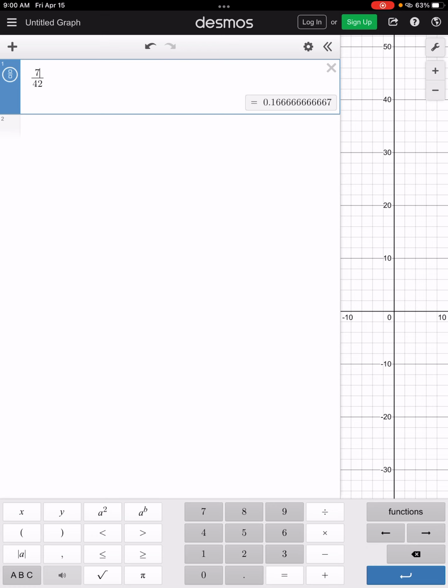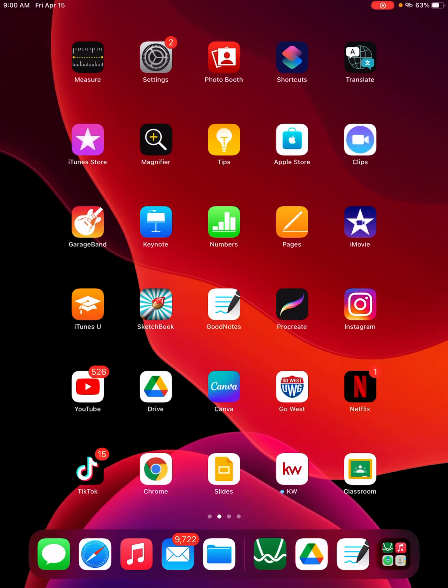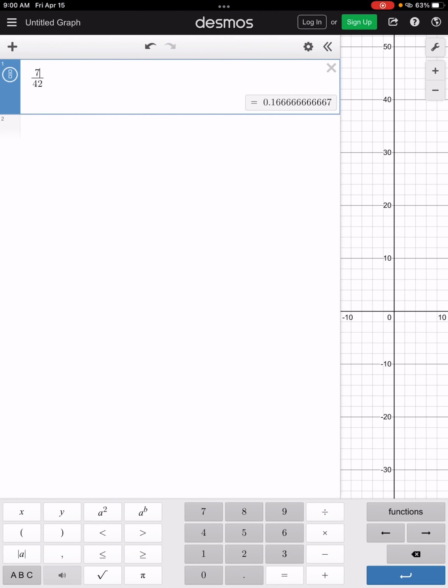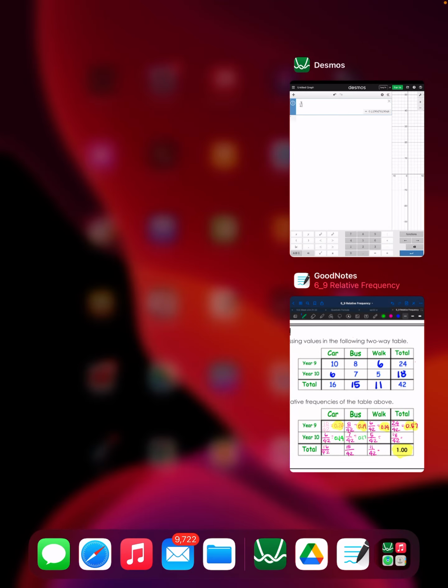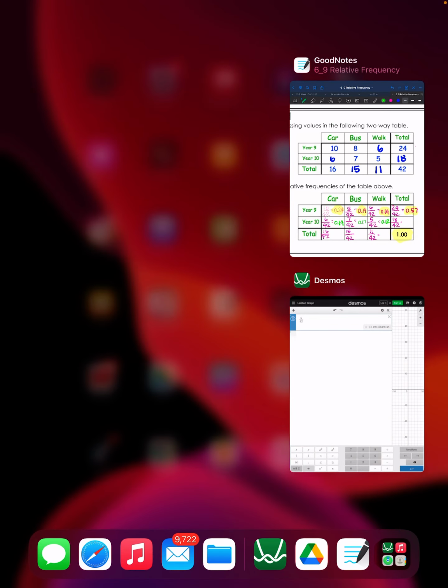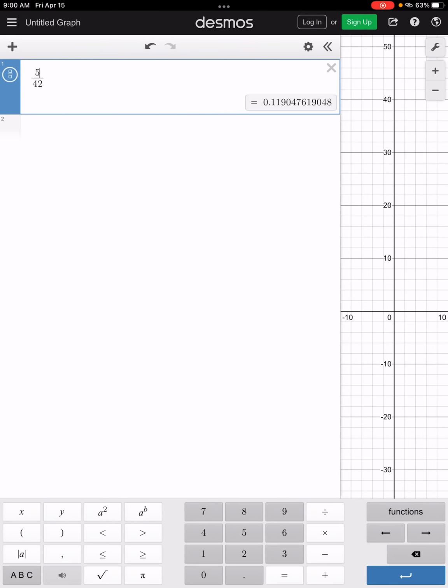The second 6 makes the first 6 round up to a 7, so we got 0.17. Now we got 5 over 42, which is 0.112, because the 9 makes the 1 round up. I'm sorry, 0.12. And then 18 divided by 42 gives us 0.43.